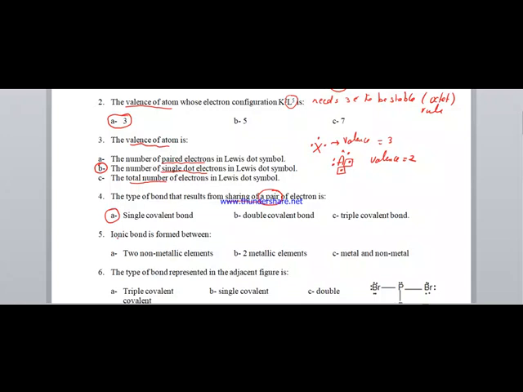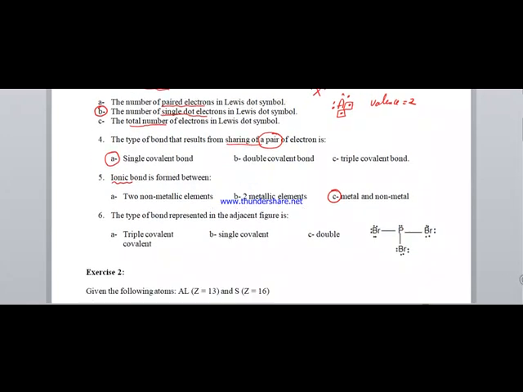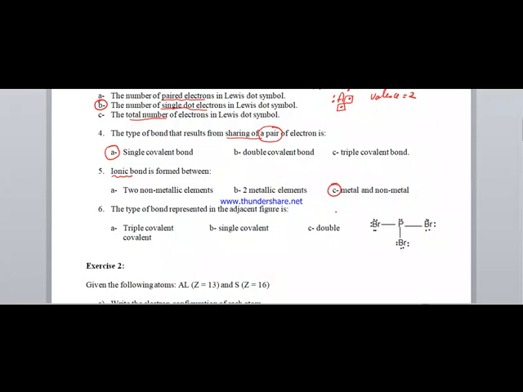An ionic bond is formed between a metal and a non-metal, so the correct answer is C. The type of bond represented in the adjacent figure: since we have a sharing of one pair of electrons between phosphorus and bromine, it is a single covalent bond.